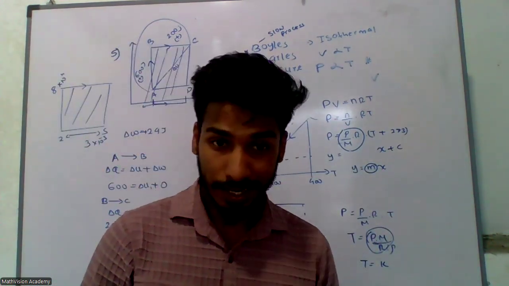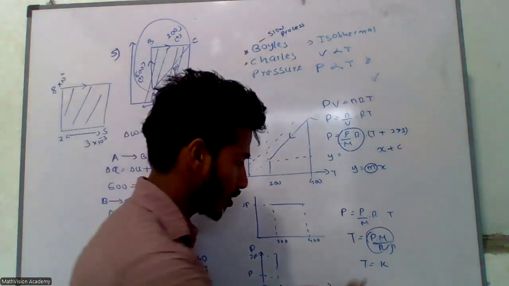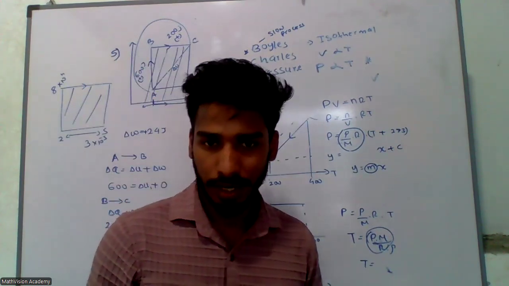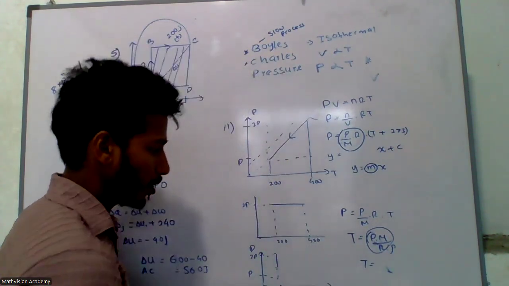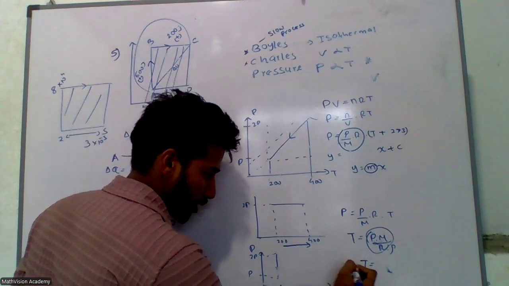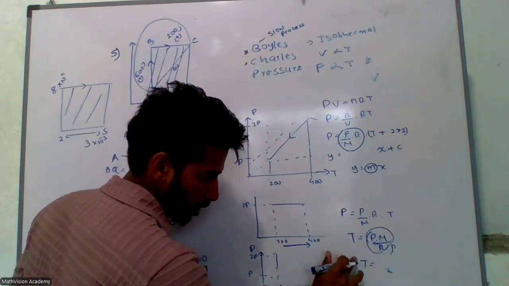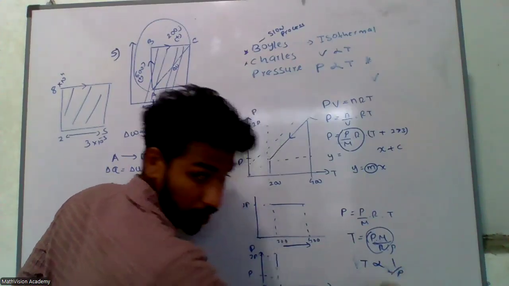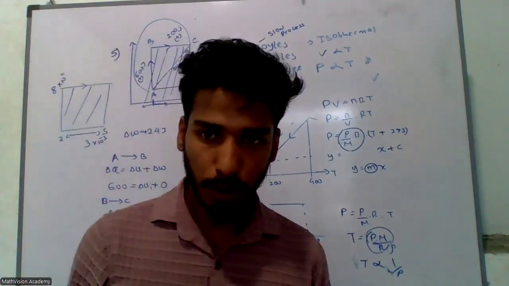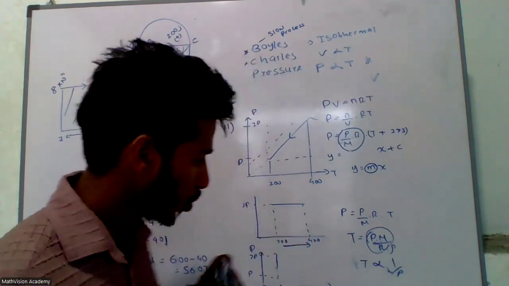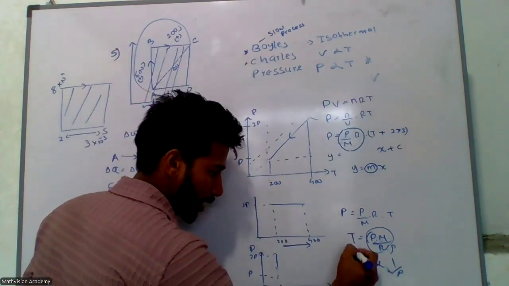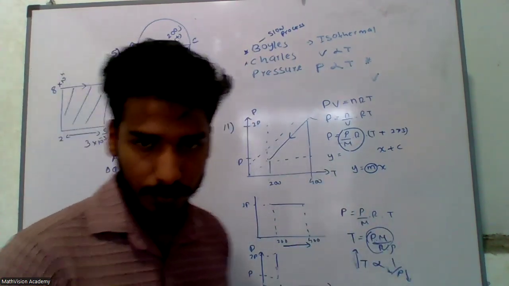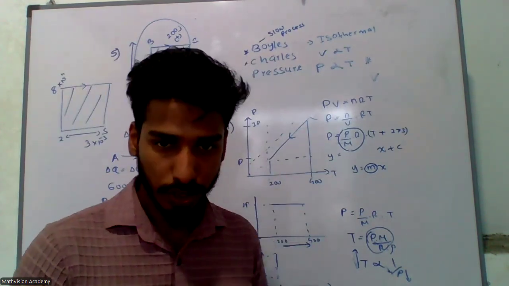But you should understand the temperature is changing from 200 to 400 Kelvin, which means when the temperature is increasing, temperature is inversely proportional to the density. So when the temperature increases, density should reduce. See how I deal with this equation.